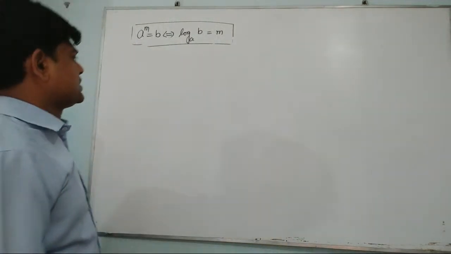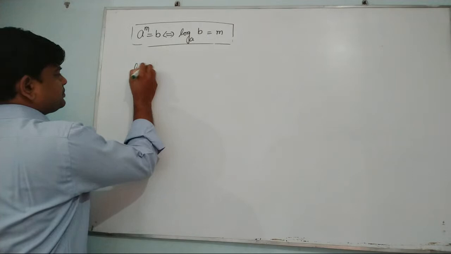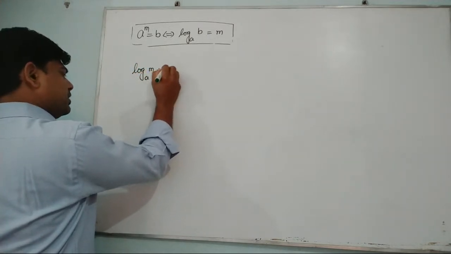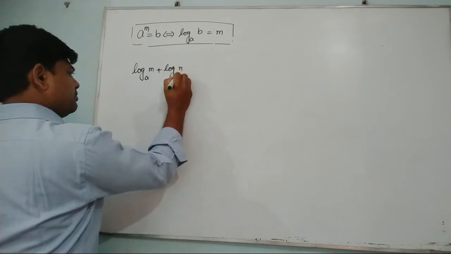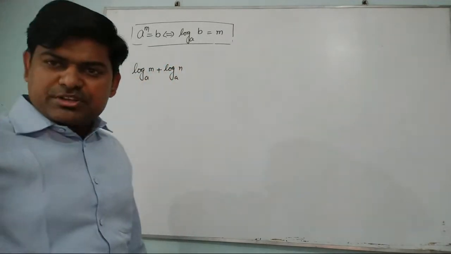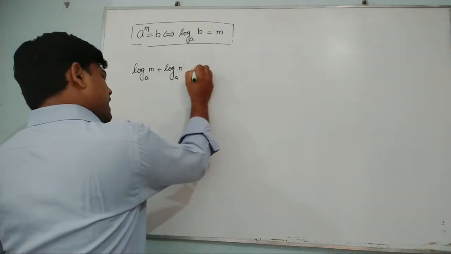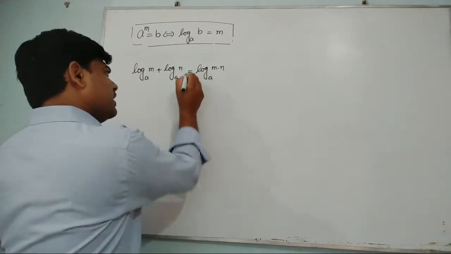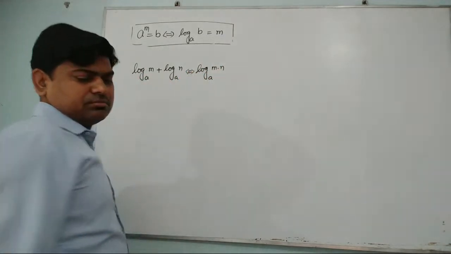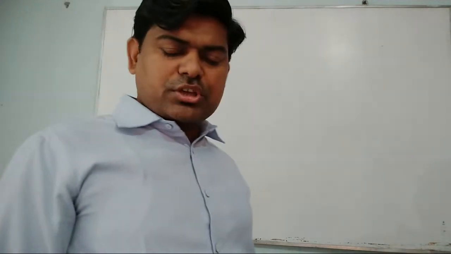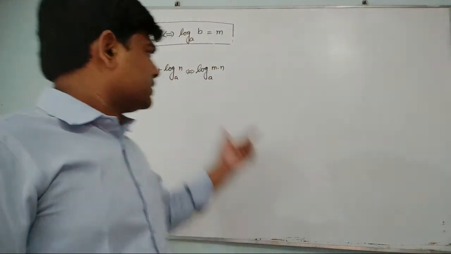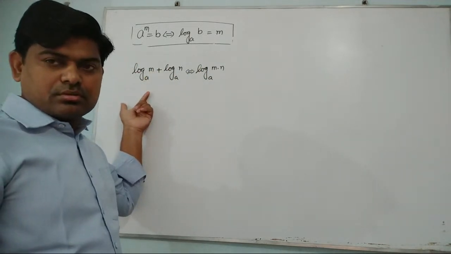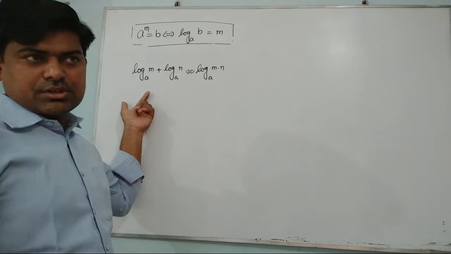So the first thing: if I have two logarithms, log m base a plus log n base a, both bases are the same, it can be written as log of m into n base a. This one or the converse of this one, both possibilities are there. Hope you are getting all these things.